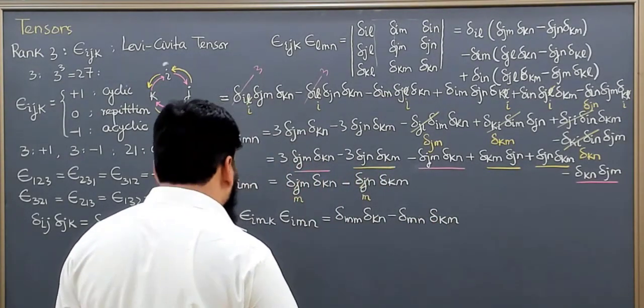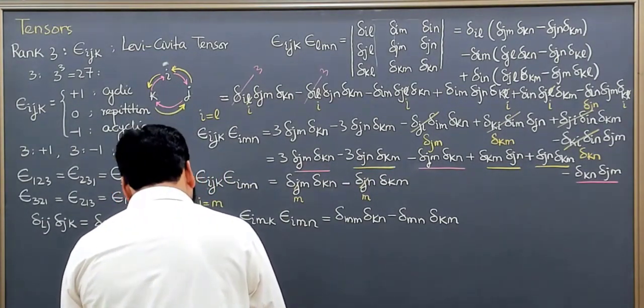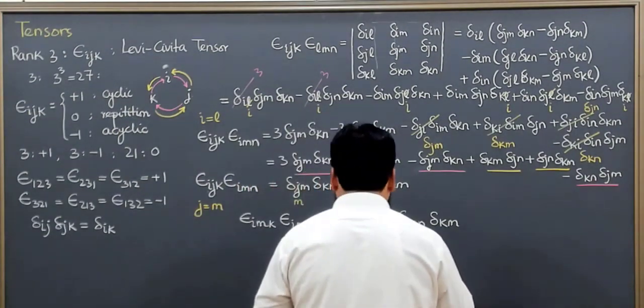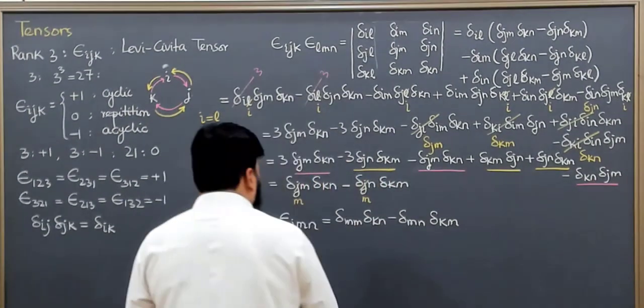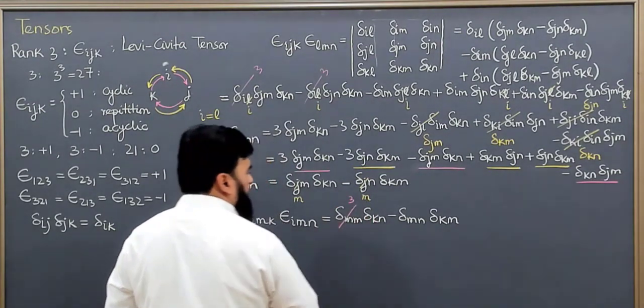This will give us the relation that delta mm means it will give us 3.